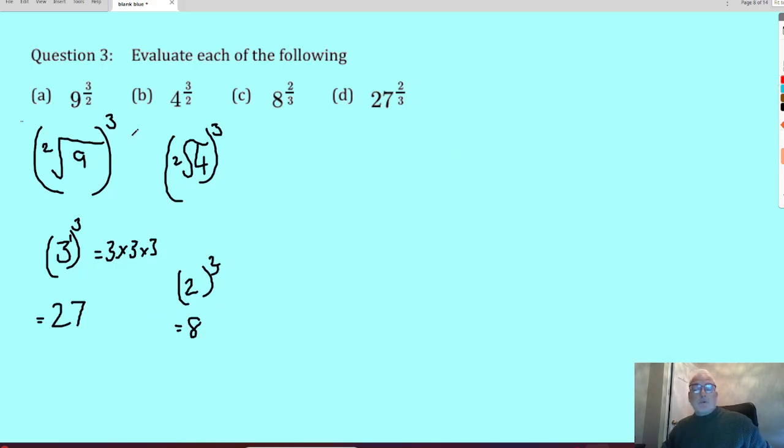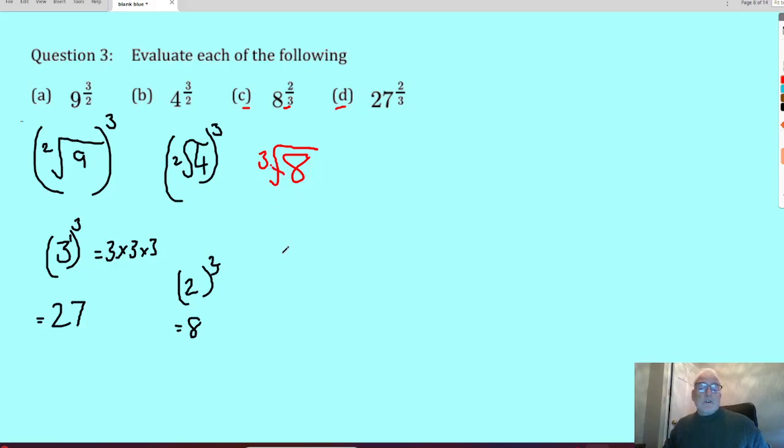Okay, pause the video, have a go at C and D. So I've got 8 raised to, this time, the 2/3 power. So my root is going to be the same as the denominator. I'm going to put a cube root out there. Before, we've already done this one as 2 times 2 times 2 equals 8.